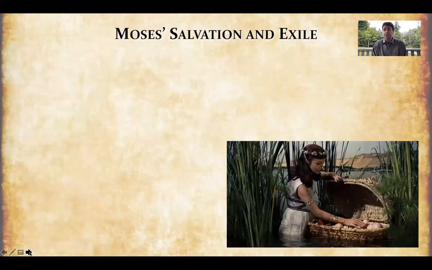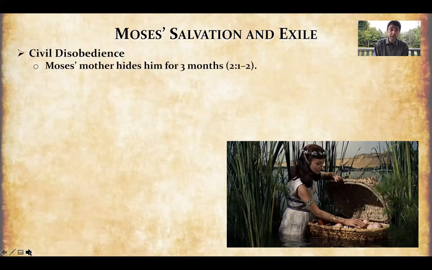All right, so amidst this program of genocide, you had another act of civil disobedience other than Shiphrah and Puah, and that was the mother of Moses. We don't know her name, but we know that she was from the house of Levi. She was a Levite woman, and she has a male child and doesn't let anybody know about it.